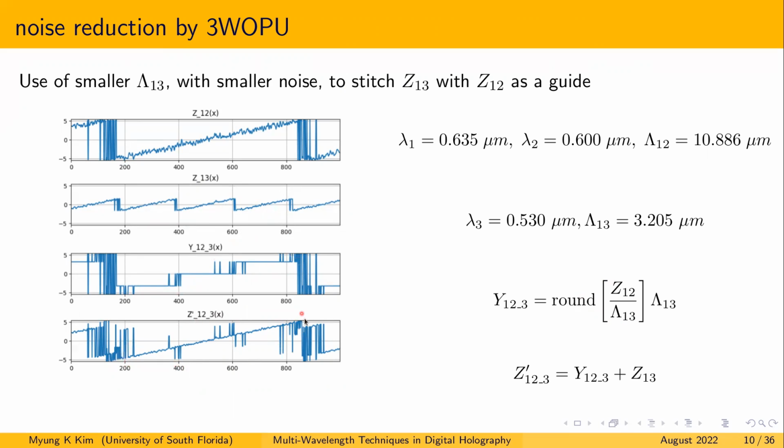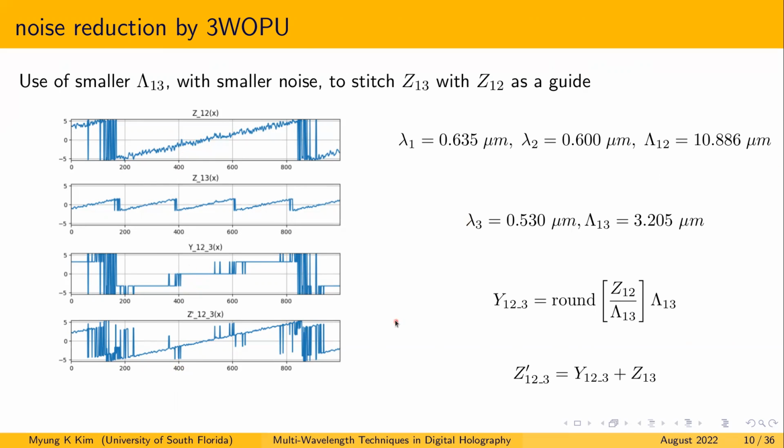And this phase profile has much less noise compared to Z12. In fact, it has the same level of noise as Z13, except for these spikes of height λ13. And this is because of the noise in Z12, and this boundary between the integer multiples has these glitches.